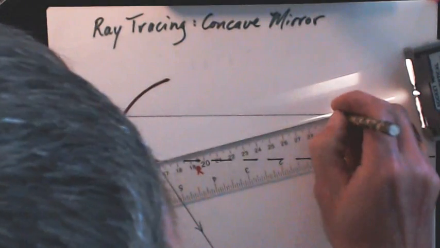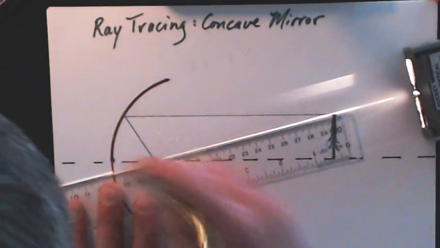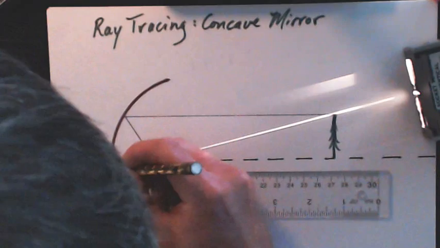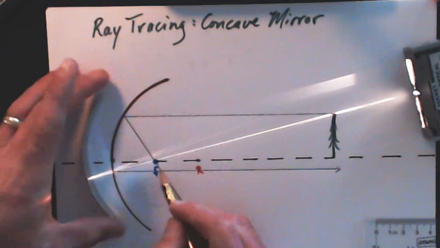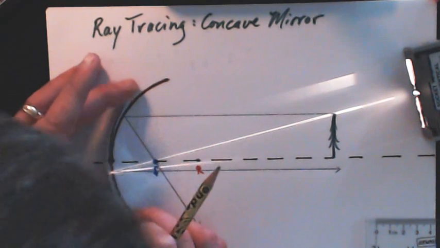Let's draw this one out. There, and that's going to hit there. It's going to go through the focus, and then it's going to come out parallel. Now I've got, oh look, they're meeting at a different point over here, but let's just make sure.